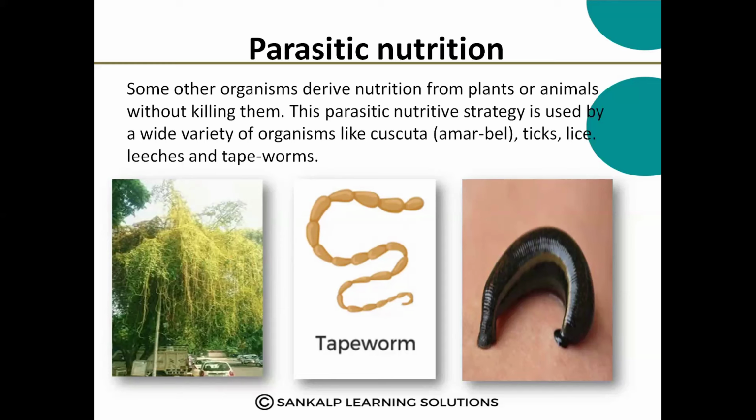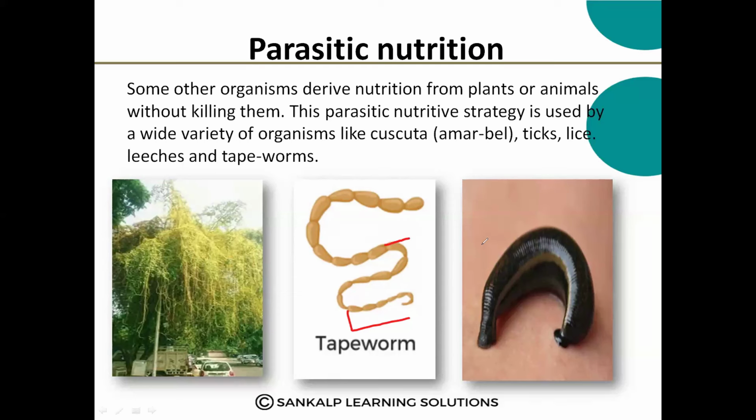But in parasitic nutrition, they are not going to kill the organism, but they absorb the nutrition from that organism. Tapeworms, which are present inside our digestive system, are not killing the humans, but they get the nutrition from the human's digestive system.